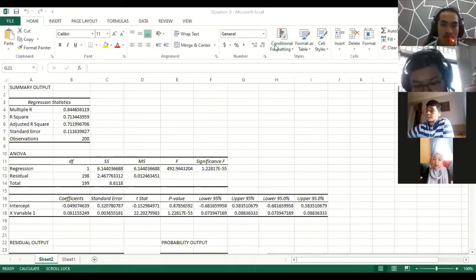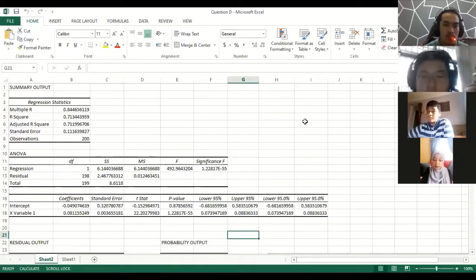This question involves relative density and tensile stress. Relative density represents the independent variable, which is the x-axis, and tensile stress represents the dependent variable on the y-axis.